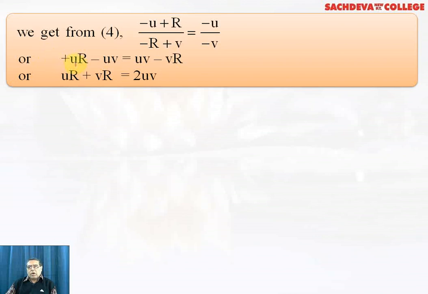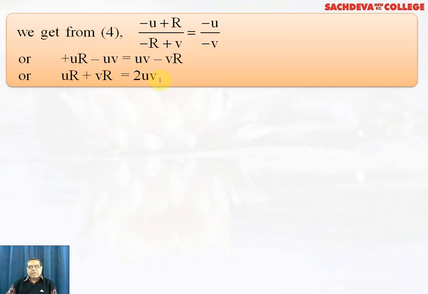However, in all these conventions, R is the radius of curvature, U is the object distance, V is the image distance. So, from equation number 4, by cross multiplication, we get UR minus UV equal to UV minus VR.